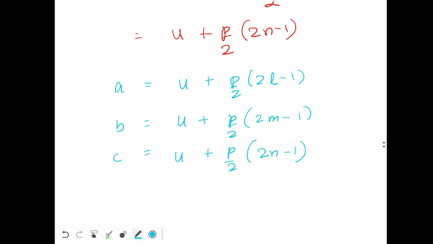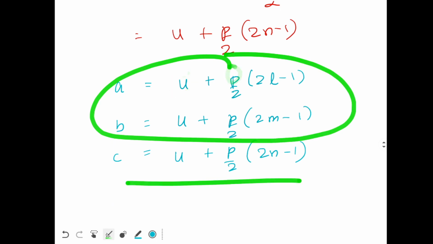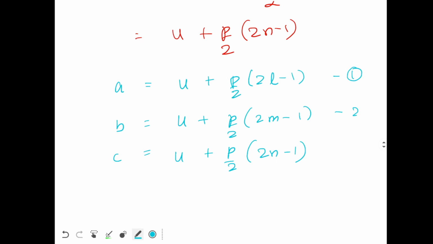These are the displacements. So the step that we need to follow now is we have to find u and p using two equations and put them in the third one. Okay, so let's name the equations. This is equation 1, this is equation 2.